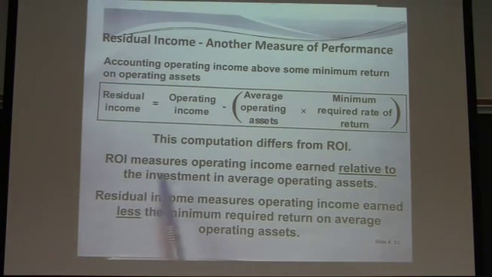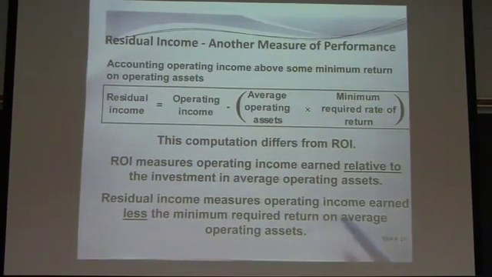Now, ROI measures operating income earned relative to the investment in average operating asset. Residual income measures operating income earned less the minimum required rate of return of utilizing that operating asset. So this one here allows us to look at the dollar amount and hopefully make a decision that's consistent with the overall corporate goal.